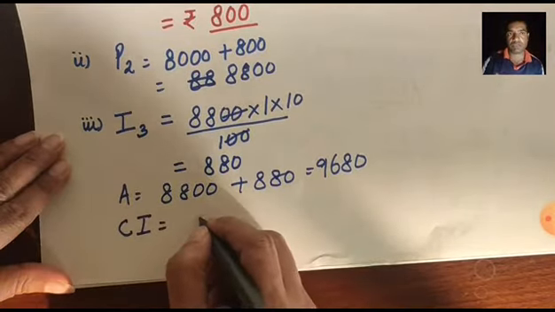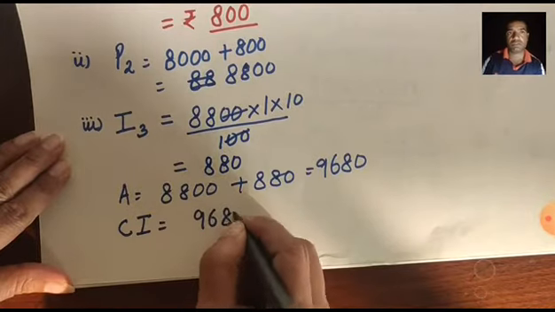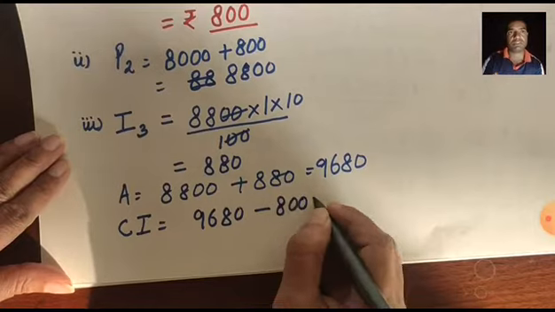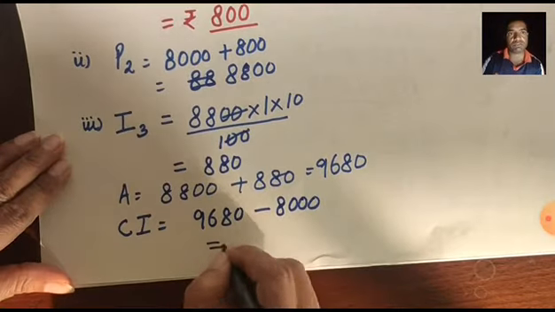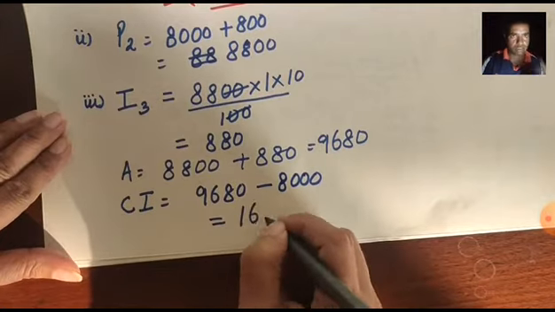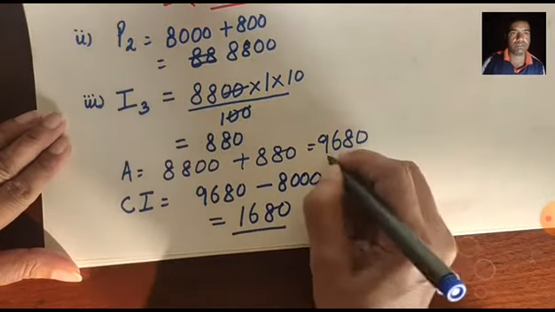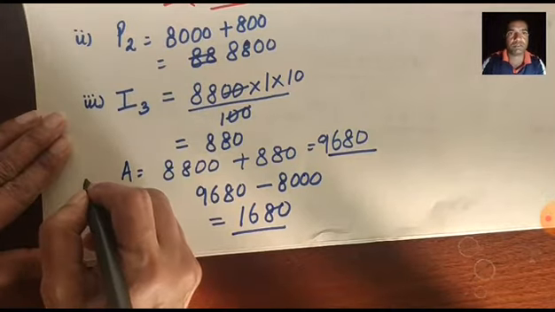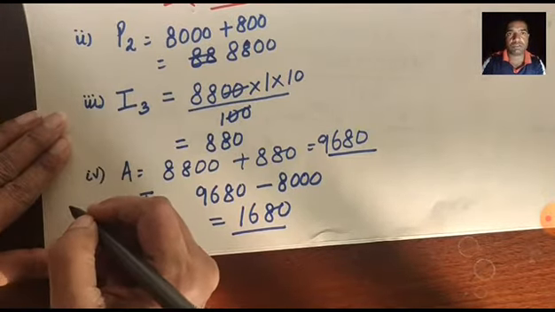Now we have to find the compound interest: 9,680 minus the first principal, 8,000, so it will be 1,680. Got it now? This is your fourth one.